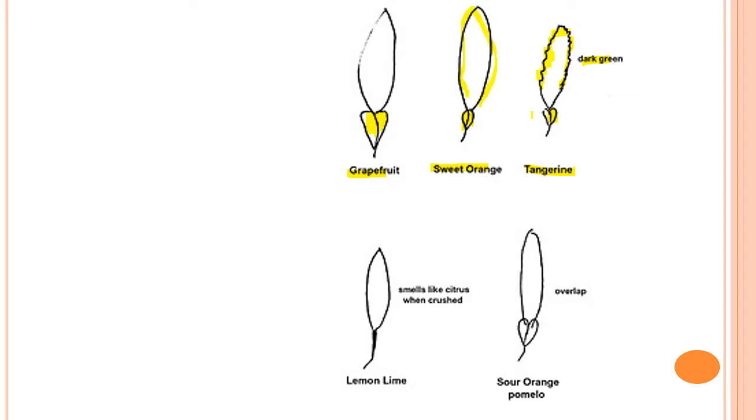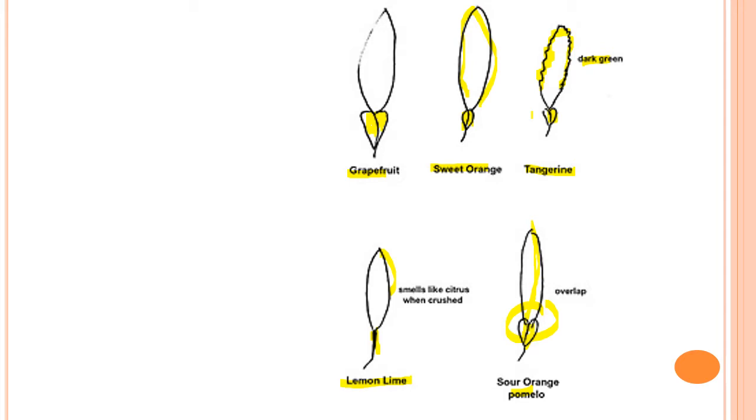They are not serrated. The lemon and lime have very small wings. You don't even see them. Also, the leaf is very elongated and tall. Whereas the pomelo has large wings and a very long leaflet here, and they overlap with the wings. See, they overlap here. Here they are separate. These are separate, but here they overlap. So that's how you can tell the citrus from the leaves.